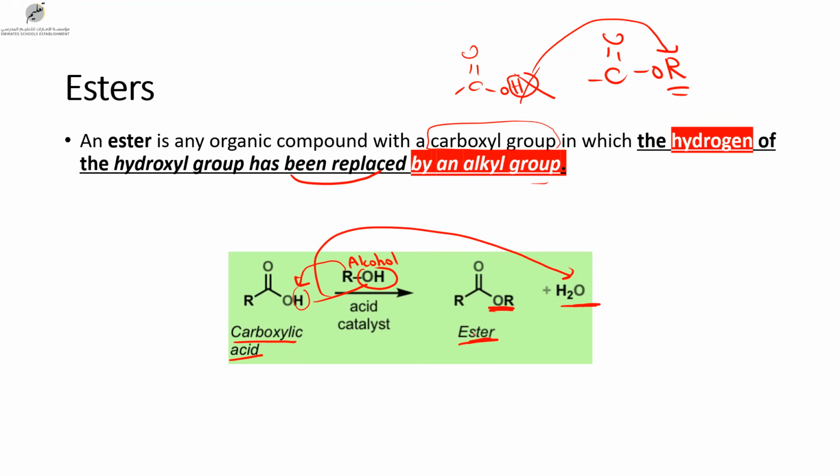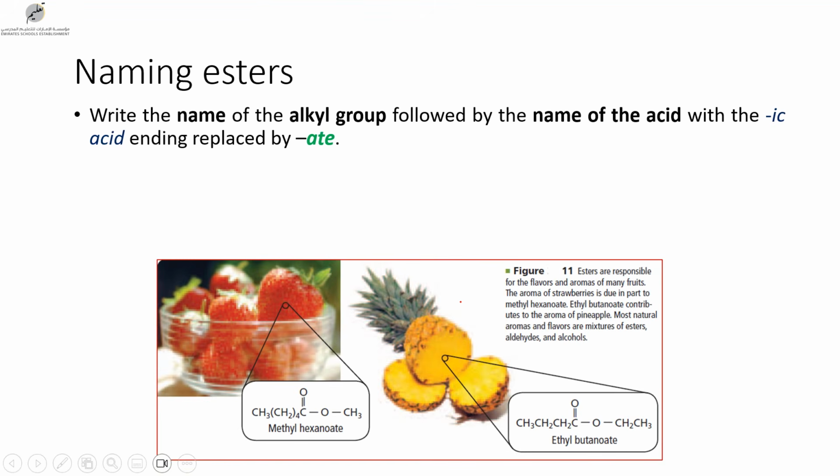And that's how an ester is formed. Okay. So how do we give names to esters? So write the name of the alkyl group, followed by the name of the acid with the IC acid ending replaced by ATE.